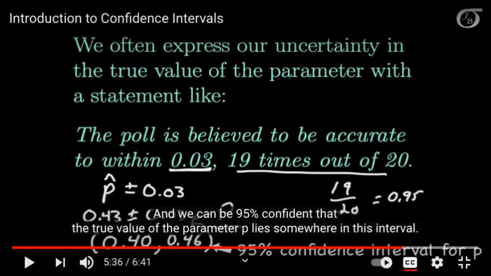Because it's 0.43 that was expressed in the previous slide, it's plus minus because you want to go above and below whatever you're saying it is. You get 0.40 and 0.46. No questions about that? All right. This interval.